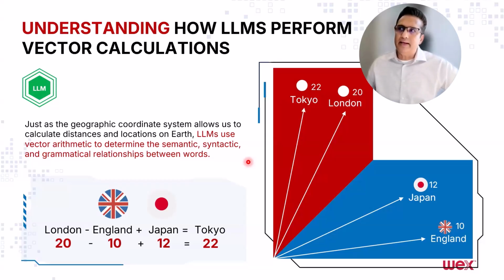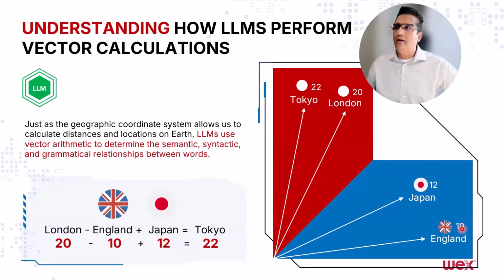Now, to simplify this, there are four words here: Tokyo, London, Japan, and England. Tokyo and London are the capitals of Japan and England respectively. So let's say Tokyo has a value of 22, London has a value of 20, Japan has a value of 12, and England has a value of 10.